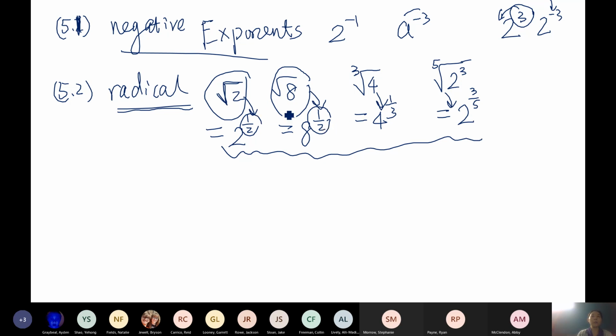How we do it, we will talk about later, probably next week. I will just give you an idea why we put radicals and negative exponents in the same chapter, because technically they are the same thing. They're all exponents. In one, we have a negative number as exponent; in the other, we have a fraction as exponent.